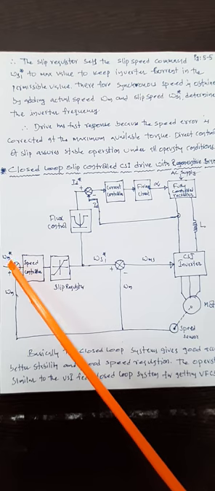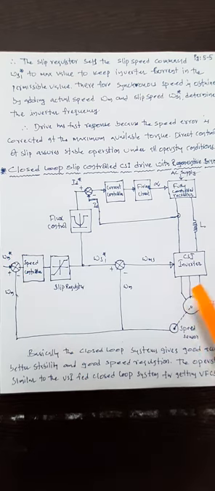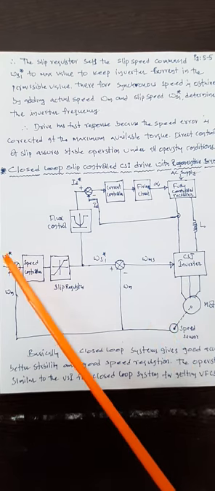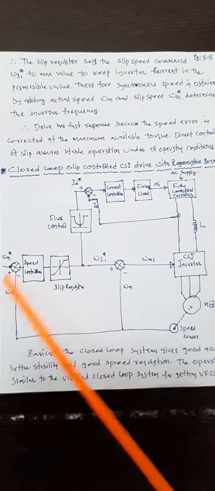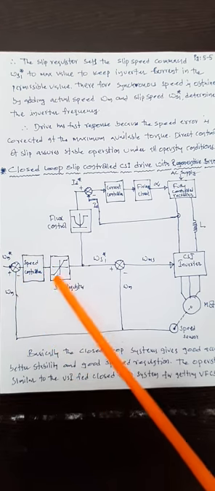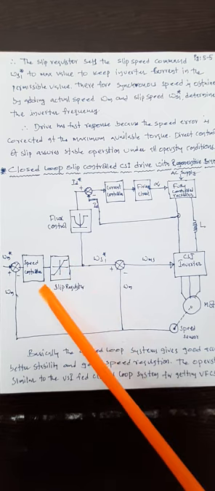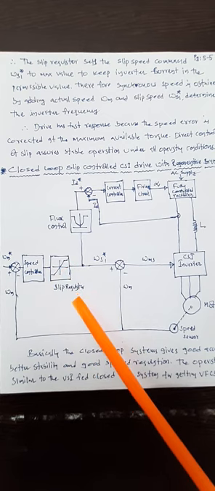Any violation of the reference speed is recorded by the closed loop, which always compares the reference speed and actual speed, and any error that arises is processed inside the slip loop, that is the speed controller and slip regulator.